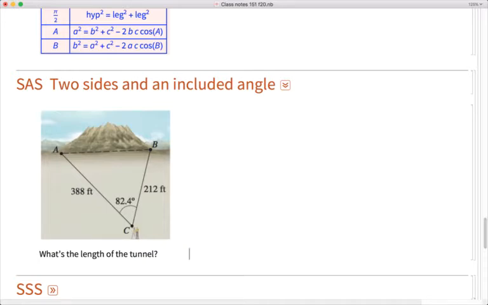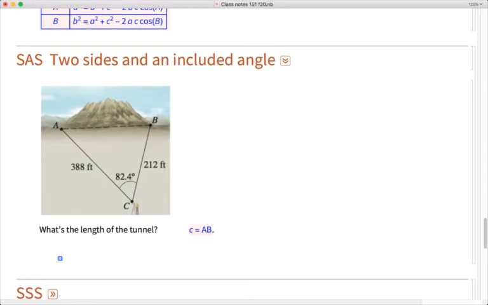I'm going to call that c because it's opposite angle C. So the formula would be c squared is equal to the squares of the two legs, but now we need to subtract off twice the product of those two legs times the cosine of the angle in between.